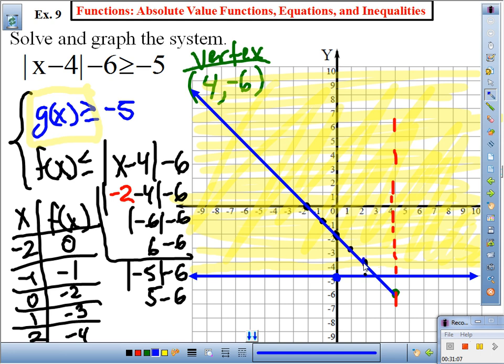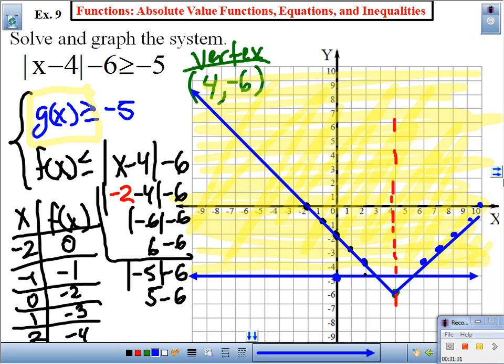So this point right here is how many steps away from it? 2 at negative 4. So I go this way 2. There it is. At negative 3, this one is 1, 2, 3 steps away. At negative 2, this one is 1, 2, 3, 4 steps away, and so on and so forth. There it is.